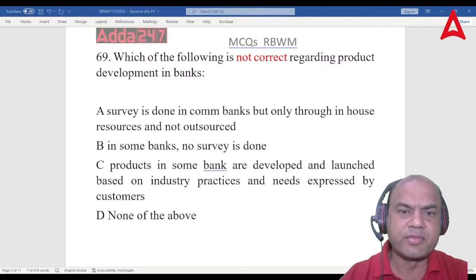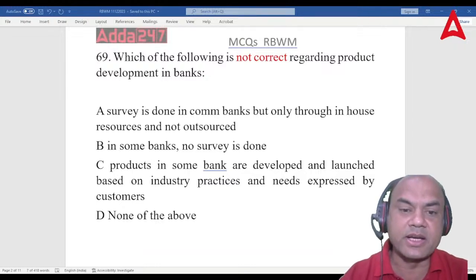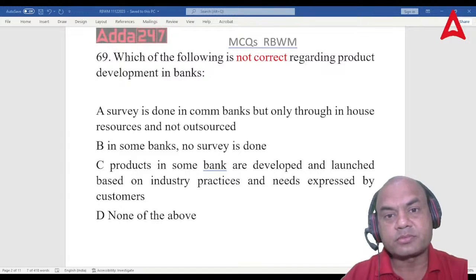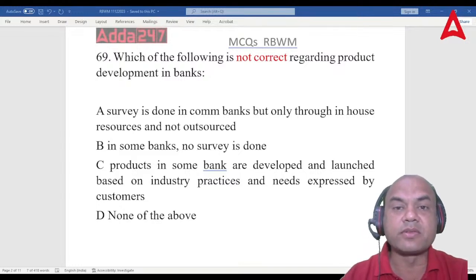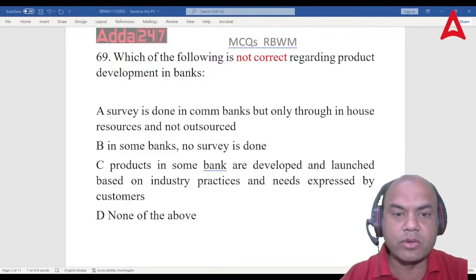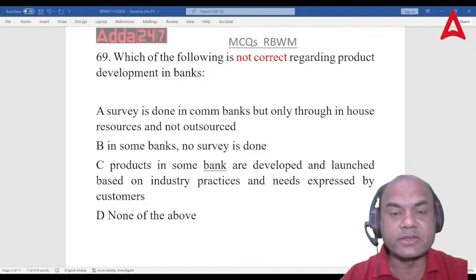D. Products in some banks are developed and launched based on the industry practices and needs expressed by the customer. Means, whatever the major customers of the bank say, or the big customers of the bank say, this generally happens in cooperative banks again, and also in various new banks. They develop the products fast.